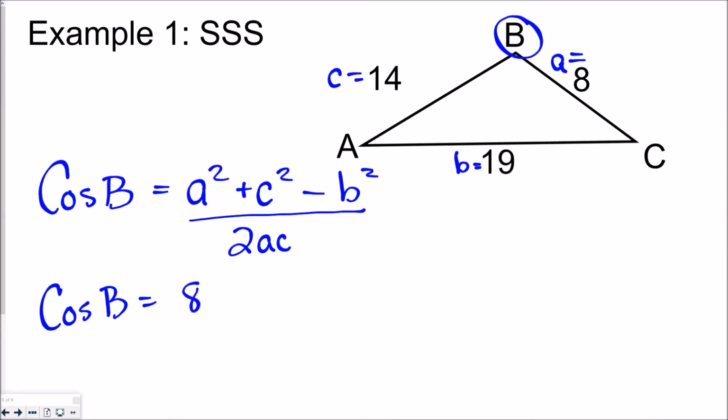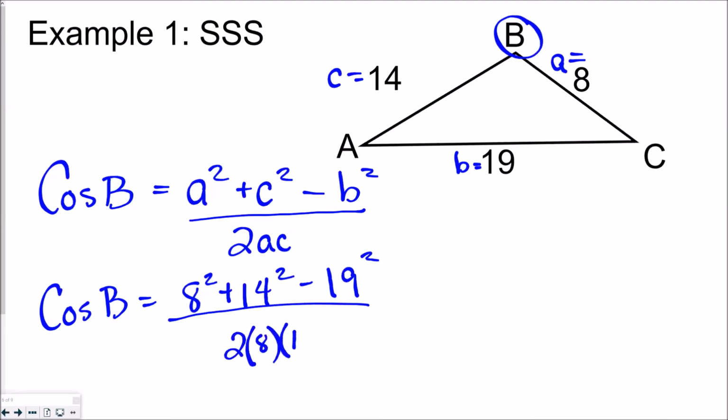So I have 8 squared plus 14 squared, and so I get negative. Don't round yet. Now in my calculator, I'm just going to do second cosine, second answer to pull up the angle measure.